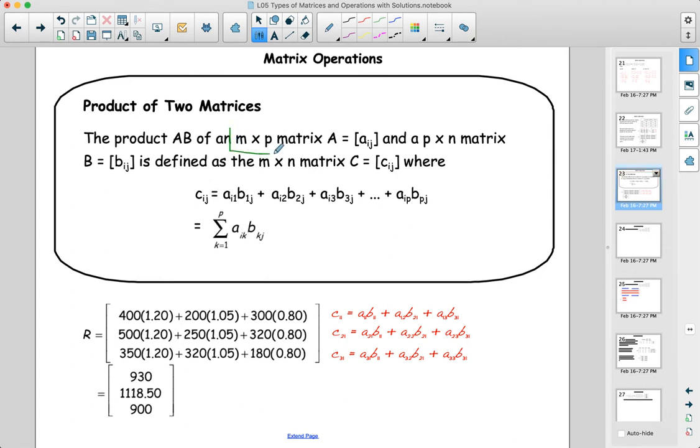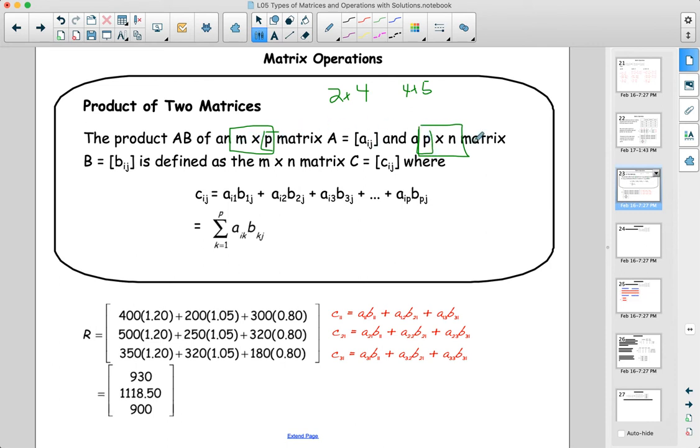So the first thing we have to go over is that a matrix that is m by p can be multiplied by a matrix that's p by n. So you have to have a match here, p and p. So a 2 by 4 can be multiplied by a 4 by 5, and it would return a 2 by 5 matrix. So again, the number of columns in the first matrix has to be equal to the number of rows in the second matrix.